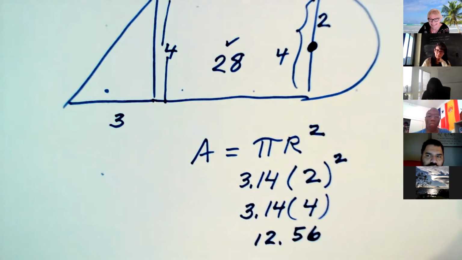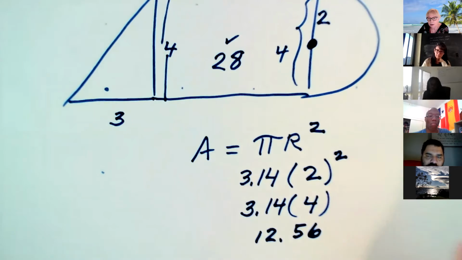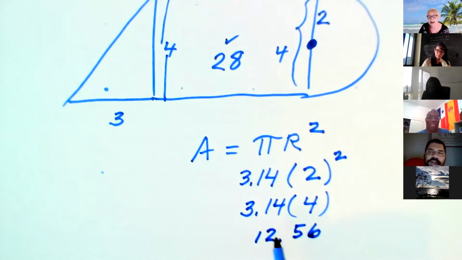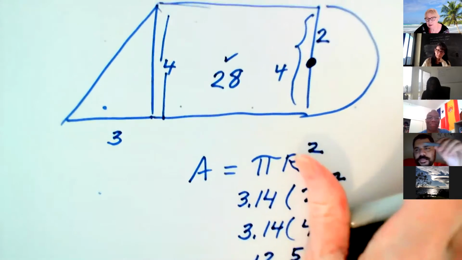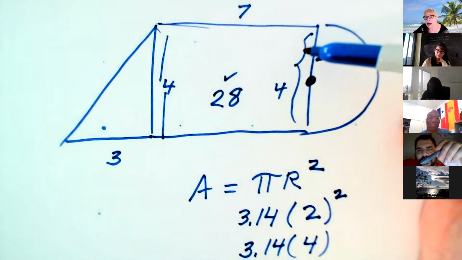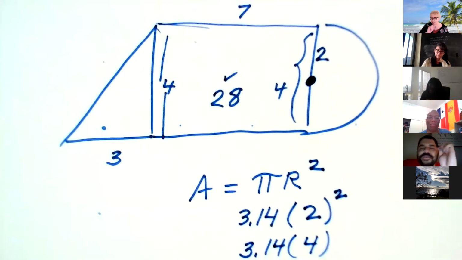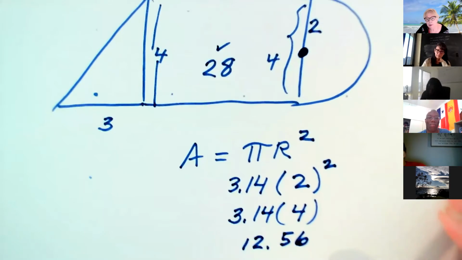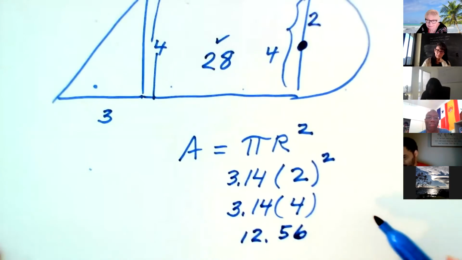Now, let's think about this. Don't be too excited that you have an answer. The radius is half of the diameter. So this is a full circle and we only have a half.